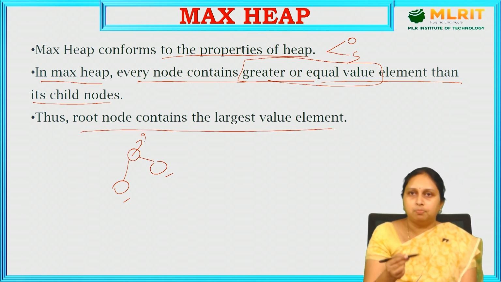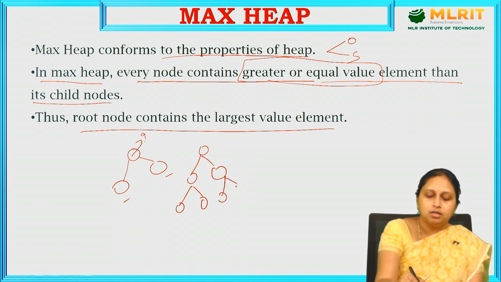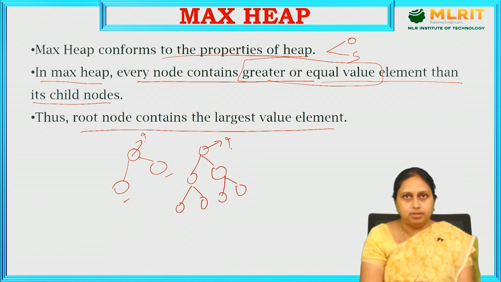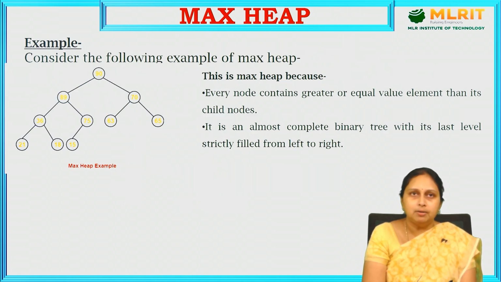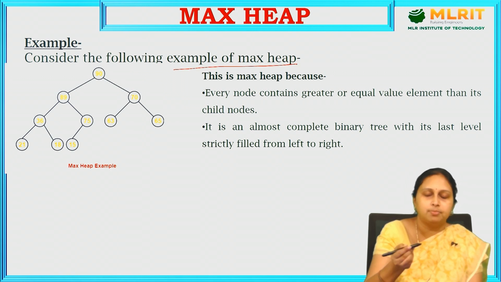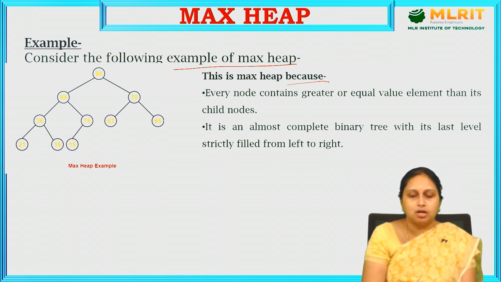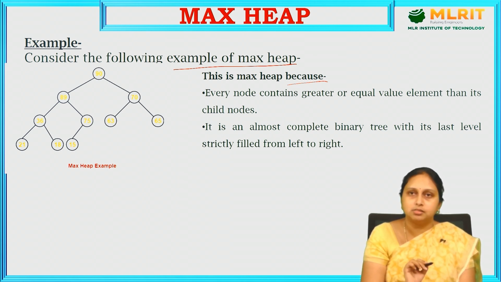If I construct a tree like this, accordingly this root node will have the largest element. Let us go with an example. Consider the following example for max heap. According to the points we have discussed previously, we are going to verify whether this tree is a max heap or not.